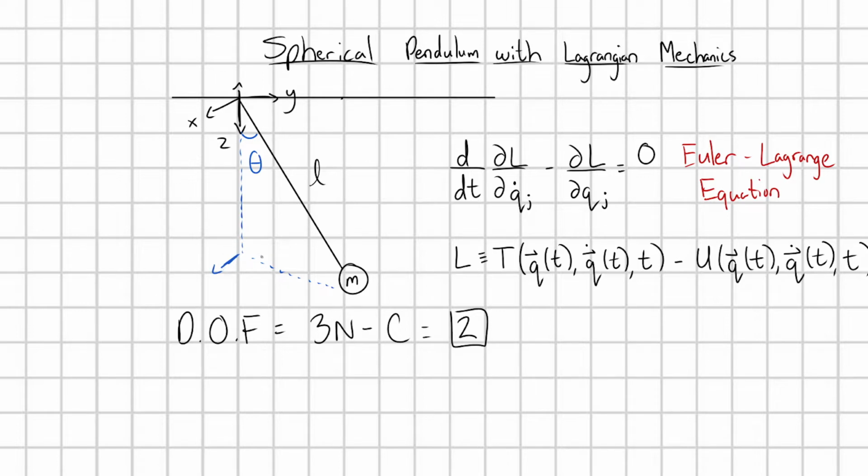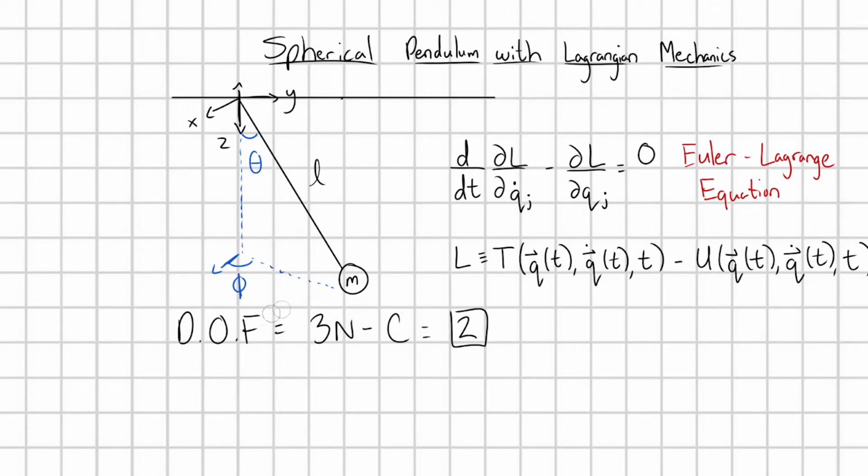And so then we can see that I have this azimuthal angle phi that this mass makes with my x-axis. Of course, in spherical coordinates we should also track the radial distance of the mass away from the origin. But this radial distance is just going to be equal to the length of the rod at all times. That's our constraint, right? So this fact that r is equal to L means we don't need to track the radial distance. We already know what it is at all times. So we only need these 2 independent coordinates, theta and phi, in order to know everything about the mass's location.